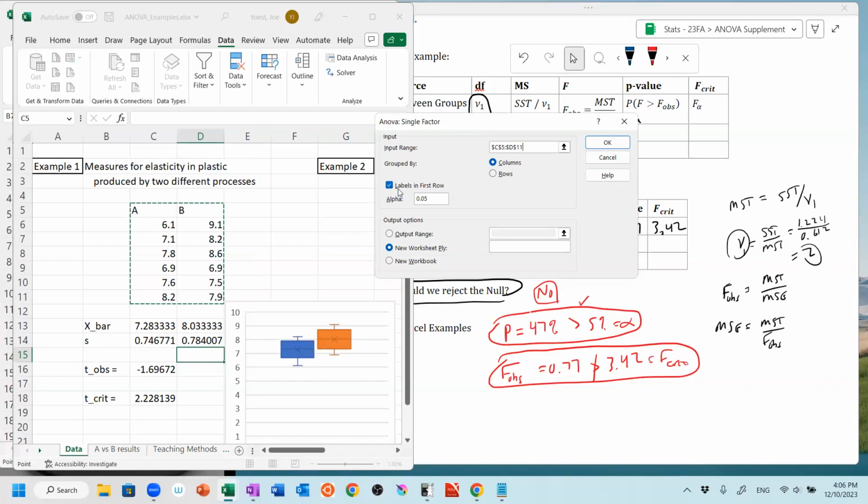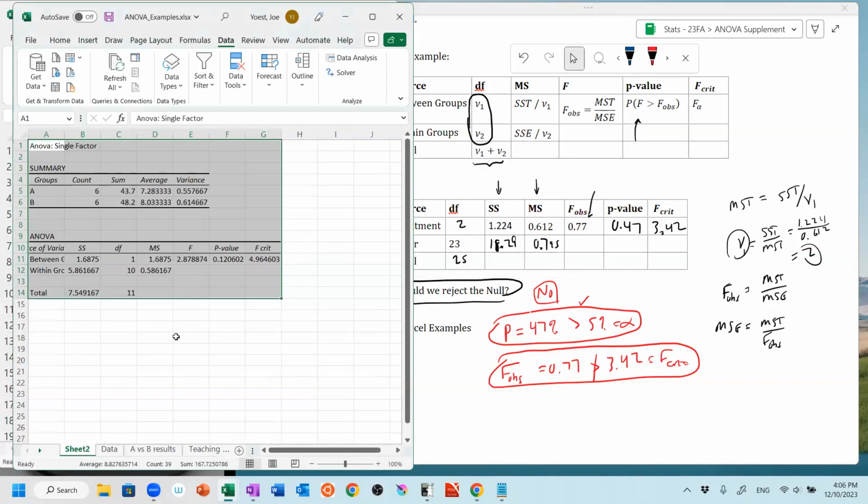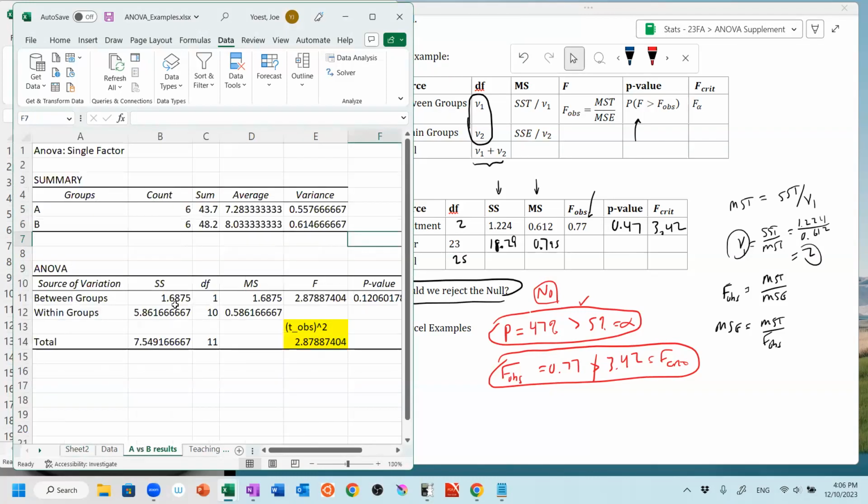I'll include labels, and tell it labels in first row. These are grouped by columns, so the first column is one group and the second column is another group, as opposed to being grouped by rows. We use alpha as 5%, and I'll put a new worksheet ply. When I hit enter, I get this, and it's the same as this one that I've cleaned up a little bit so we can see it a little better.